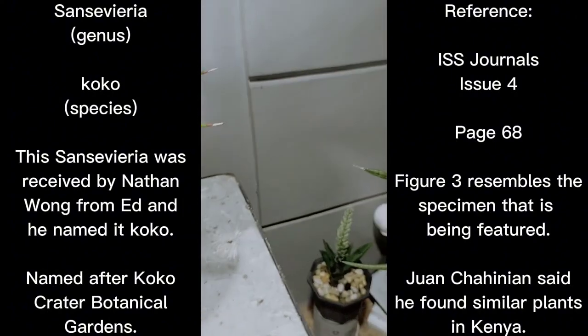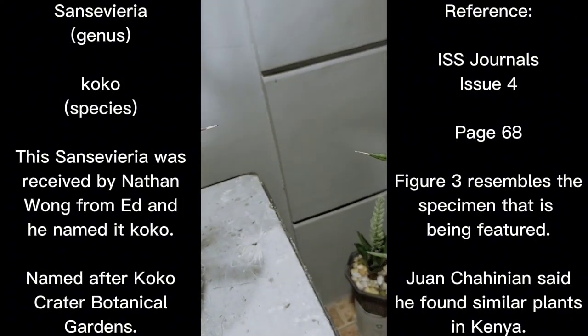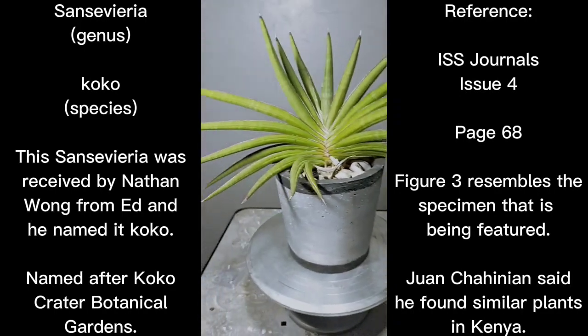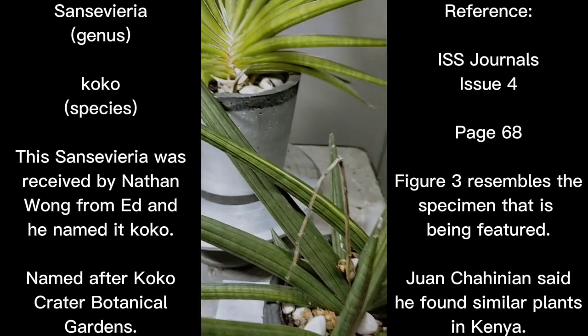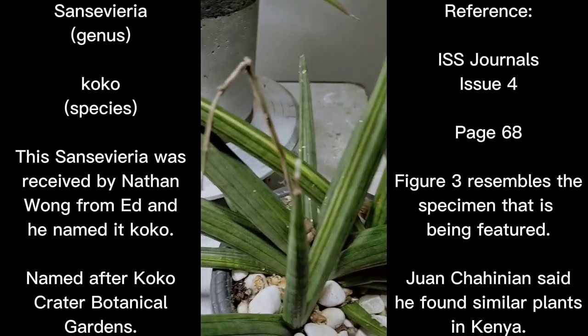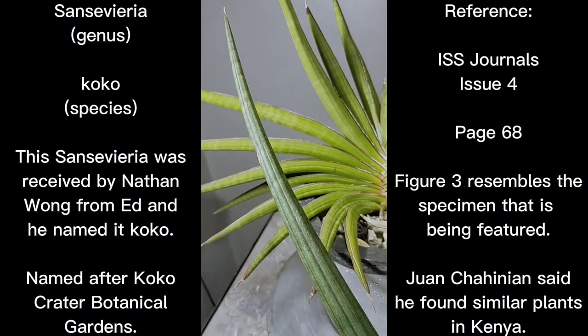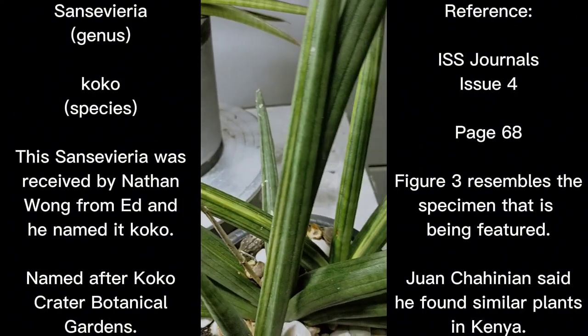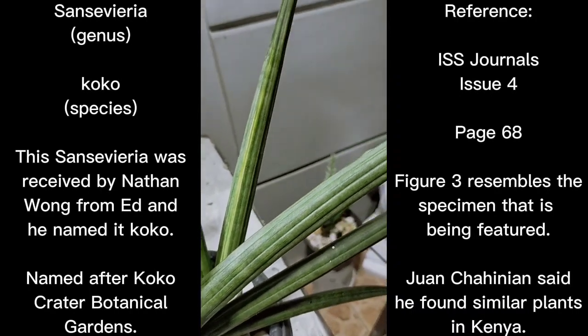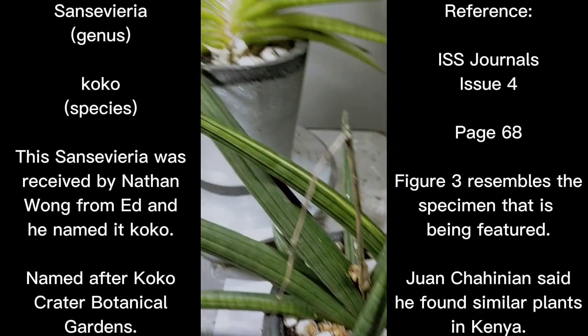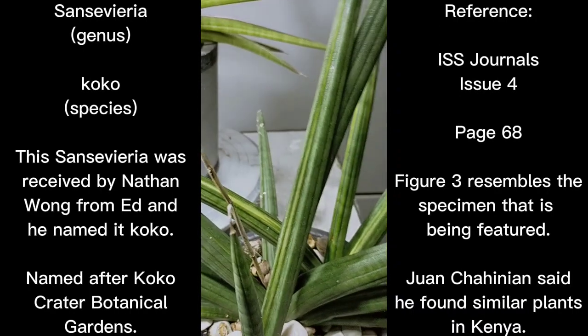But my Ed Abbey isn't like that, because Ed Abbey, let me give you a comparison. Ed Abbey doesn't have any red edges on it. So this is the Sansevieria Ed Abbey that is commonly sold in the market right now.